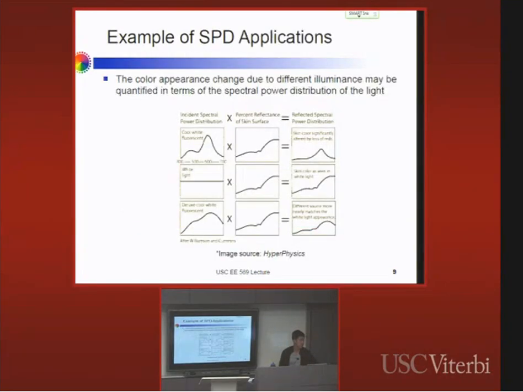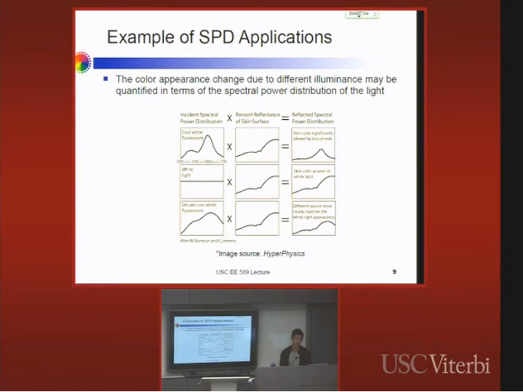And here's an example of an application of SPD. We all know that when you take a picture of somebody's face in a different scenario, it might appear differently. If you take a picture of somebody in a light room, or outside in the sunlight, the color of the skin appears different. That is because the appearance of the skin is actually a multiplication of two different things.